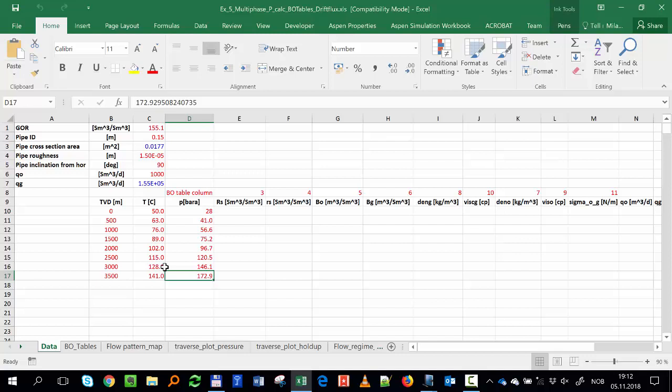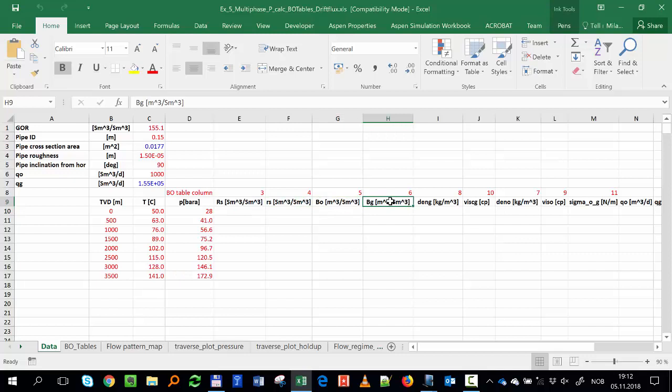Okay? So the idea is that we have the standard conditions rate, and we want to calculate the local rate at each one of these depths, at those pressures and temperatures. That's our goal. For that we need all of these parameters: RS, small rs, BO, and BG.